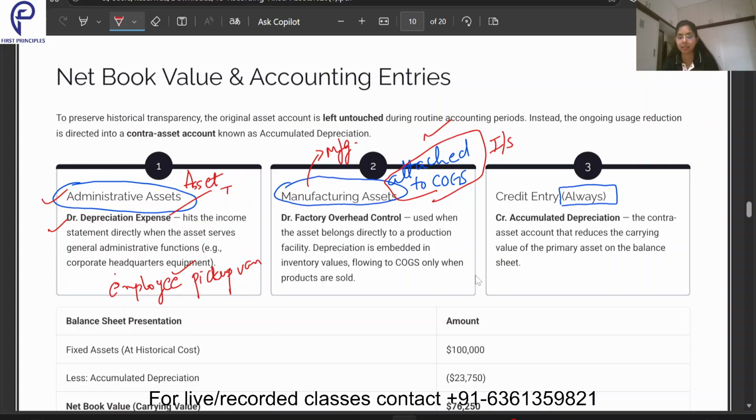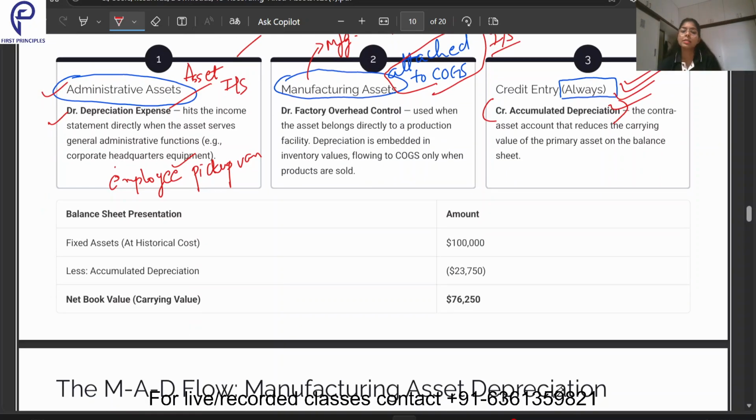The difference is, if the asset is there for manufacturing purposes, it has to be attached to my COGS. And in both scenarios, the credit entry will be what? Credit accumulated depreciation. Okay, and this is the particular representation of this.